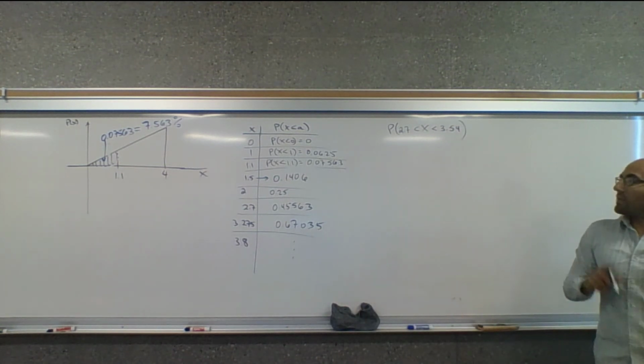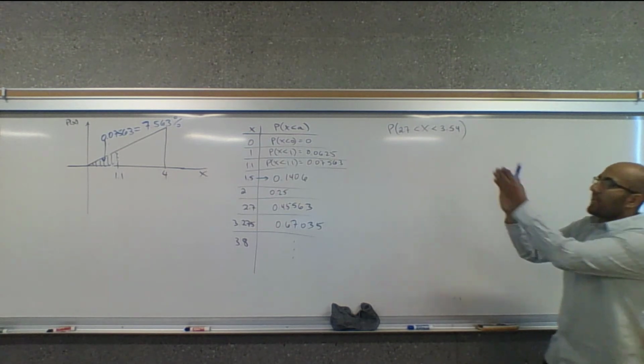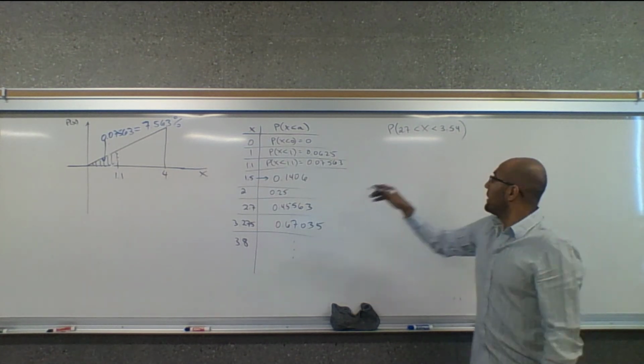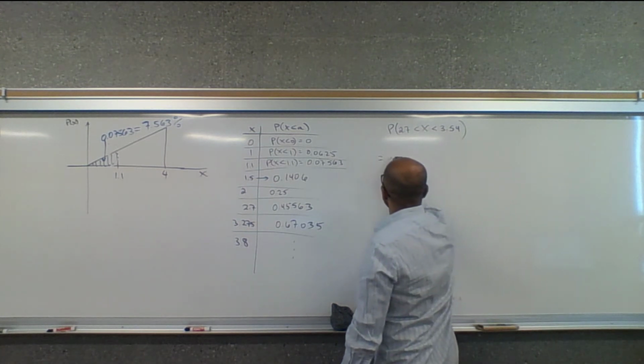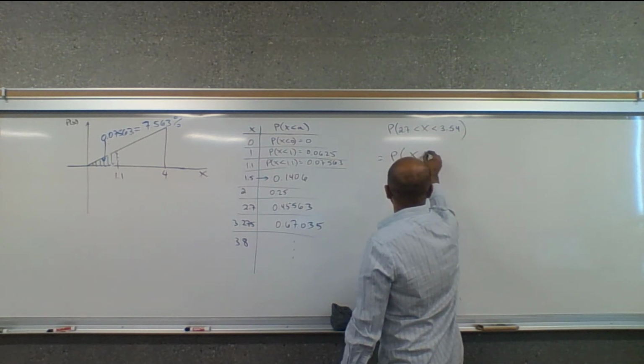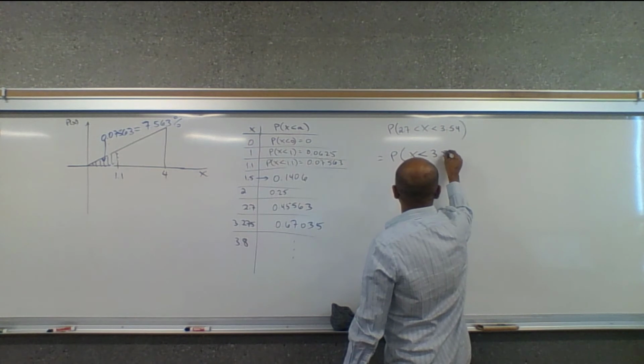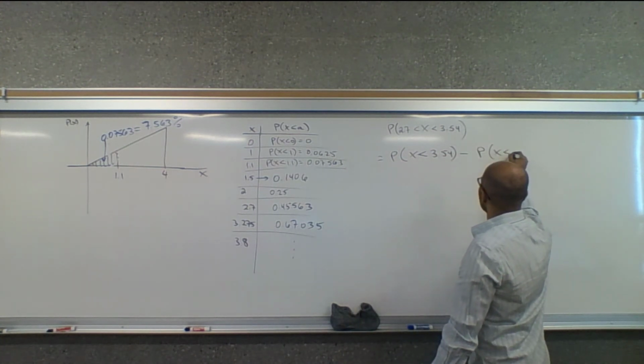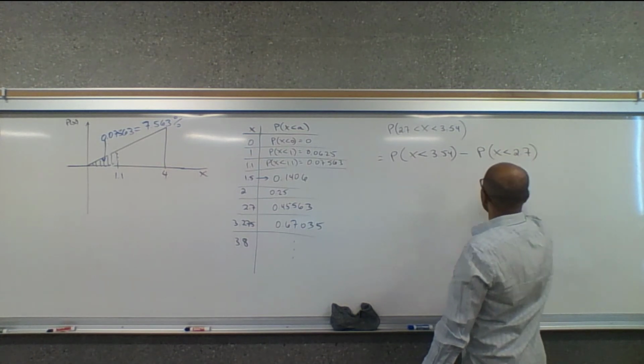Right? I could do that. So this is kind of an in-between thing. Since I have this nice easy button, I'm going to break this up into the probability that x is strictly less than 3.54 minus the probability that x is strictly less than 2.7.